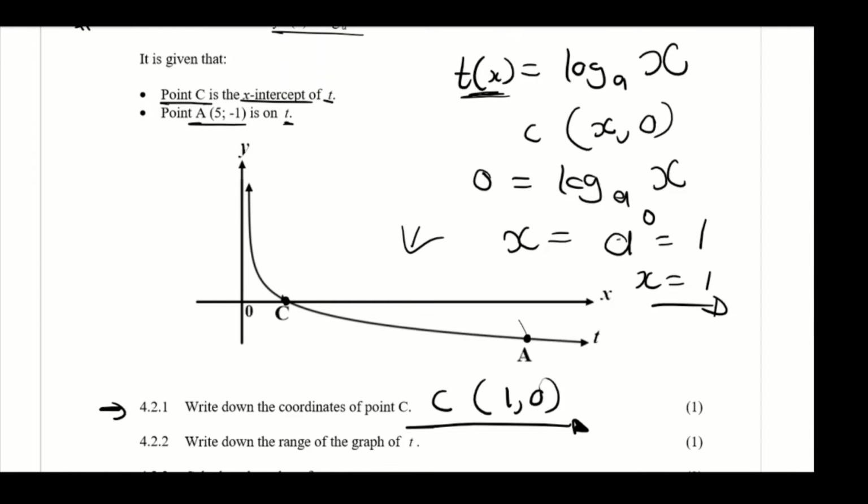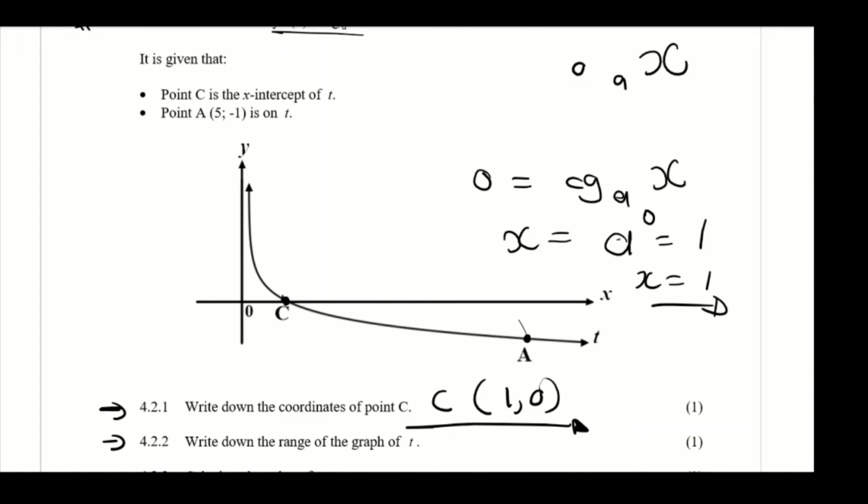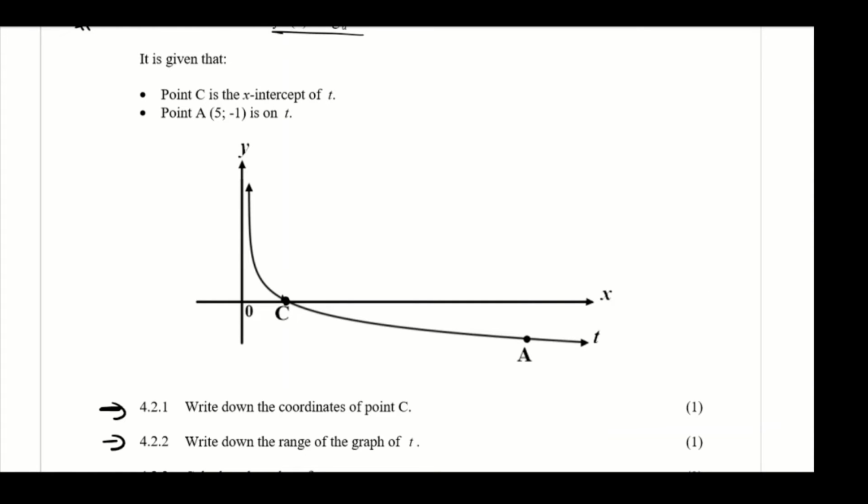Now for 4.2.2, you're asked to write down the range of the graph of t. So the range, looking at this, when you talk of range, because there's a domain and there's a range, we focus on the y values of the graph.